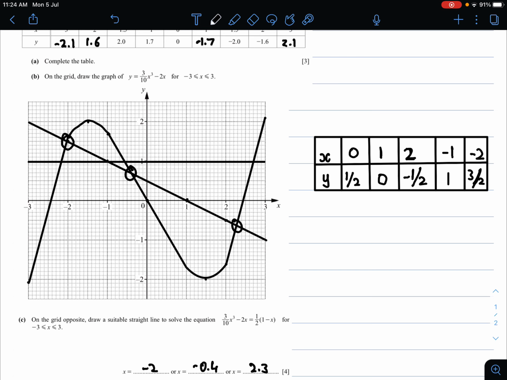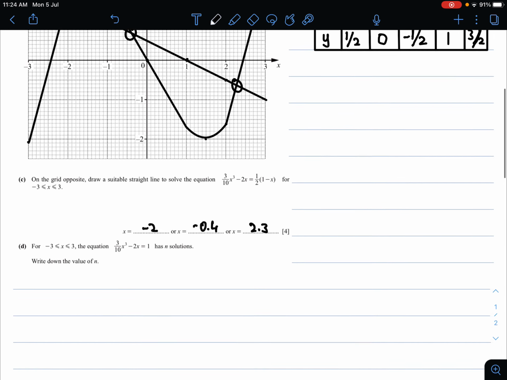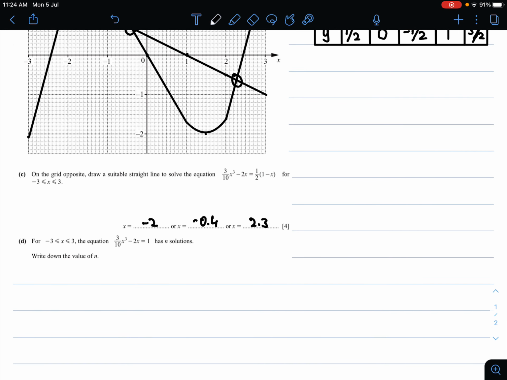So basically in part C, they've given us that this equation equals this, and over here they are giving us this equation equals 1. So therefore we can write that half multiplied by 1 minus x is equal to 1, and they are asking us how many times the y equals 1 line intersects this curve.